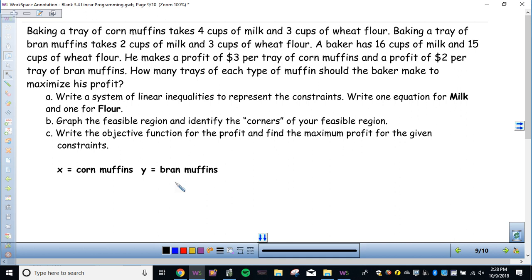Yeah. Oh, that's not a question? Okay. All right. So, X is corn, Y is bran, X is corn, Y is bran. We need one equation for milk and one equation for flour.